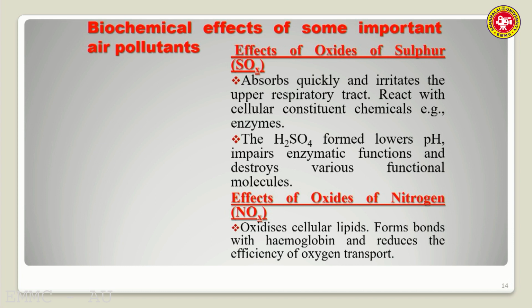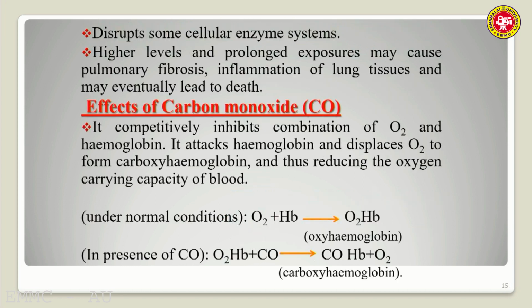They oxidize cellular lipids, form bonds with hemoglobin and reduce the efficiency of oxygen transport. They also disrupt some cellular enzymic systems. Higher levels and prolonged exposure may cause pulmonary fibrosis, inflammation of the lungs and may eventually lead to death.